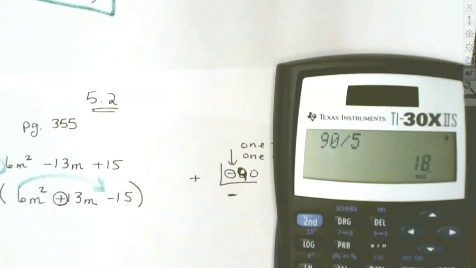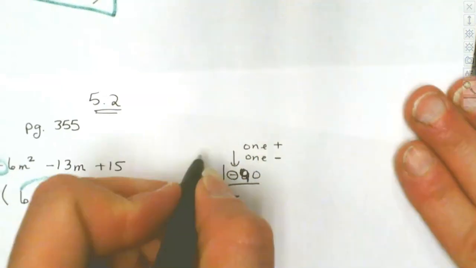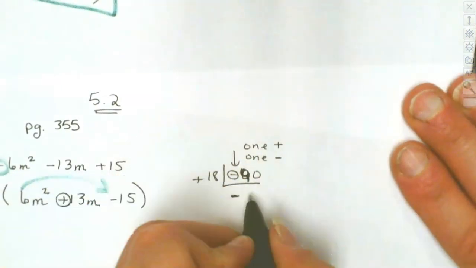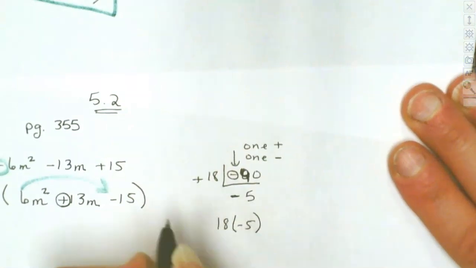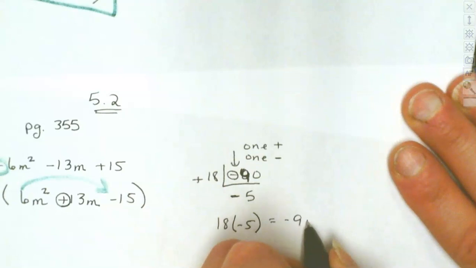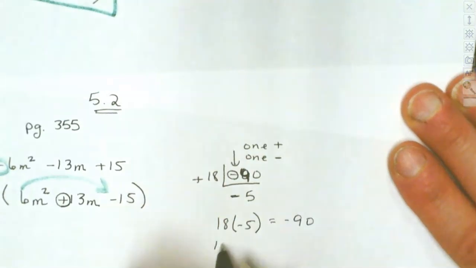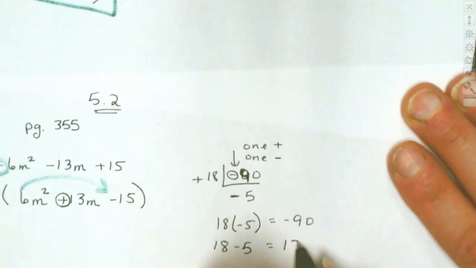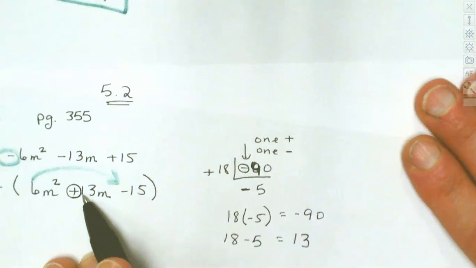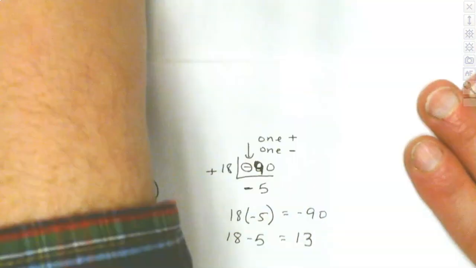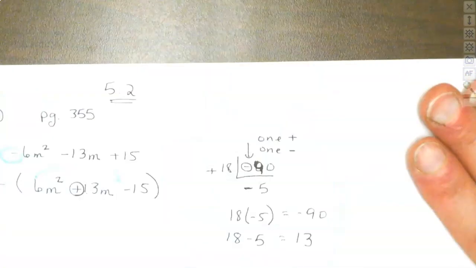This ended in a 0, so we tried a 5, and that was 5 and 18. And that's going to work, right? Because 18 times a negative 5 is a negative 90. And 18 minus 5 is 13. See how it matches with the middle. It has to match back with that middle.